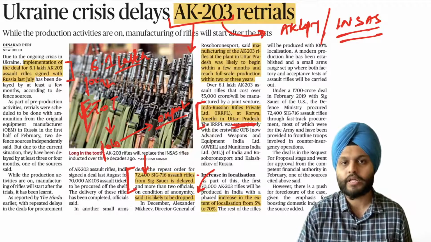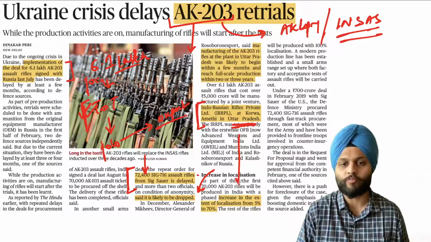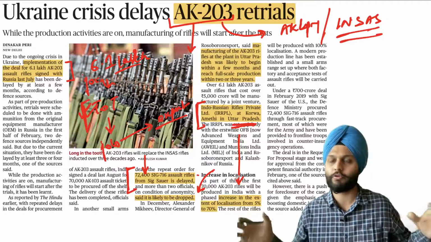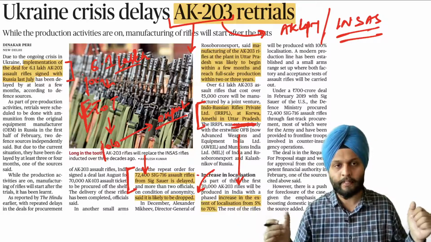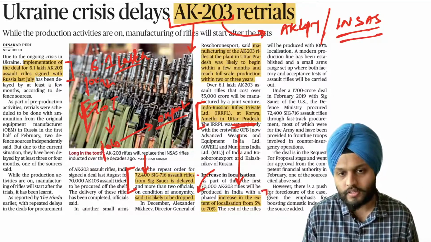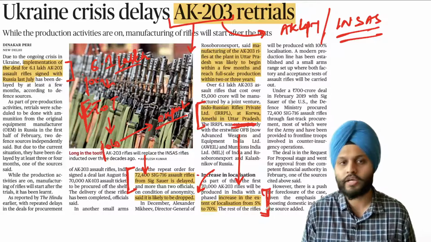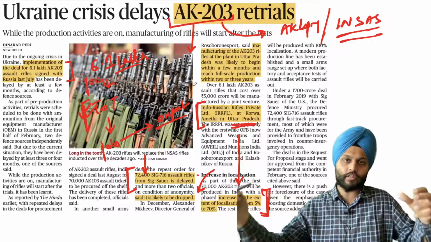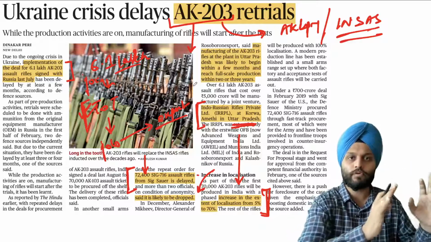Now coming back to this AK-203, now obviously most of it is imported. Very few equipments are coming from the vendors, Indians basically. The idea is that in future we improve the localization, that is the components that are made in India. One is, things are coming, you assemble it and then give it over.